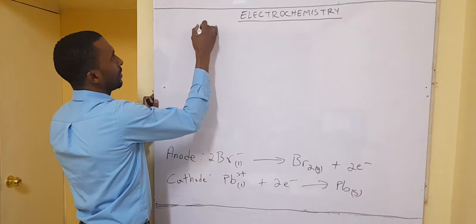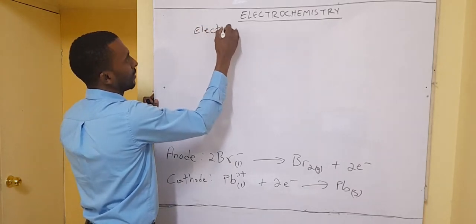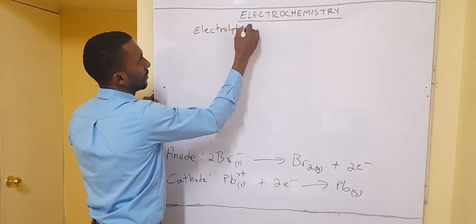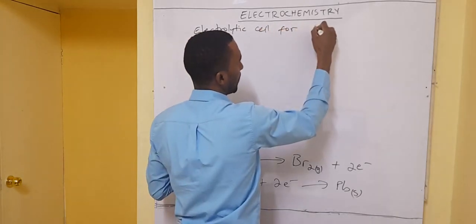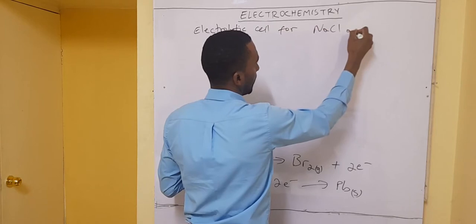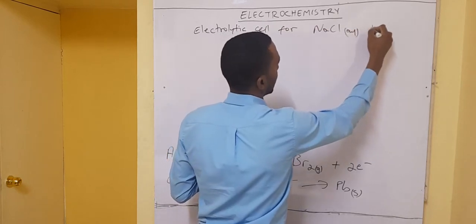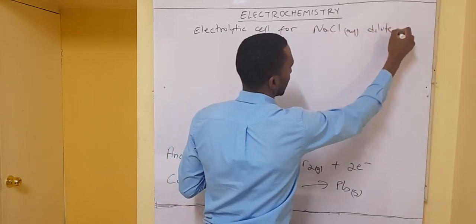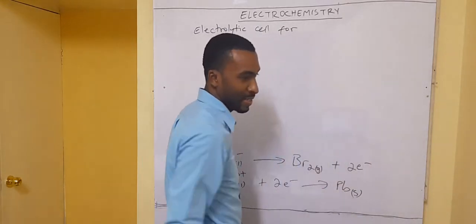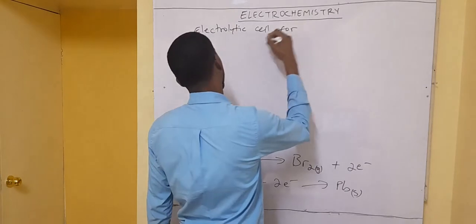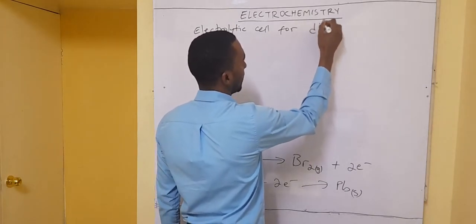Alright, so let us go there. Or let's go to sodium chloride, aqueous. And we say dilute. Now when we have the halide ions of chloride, bromide, iodide, we have to state whether it's concentrated or dilute, right?